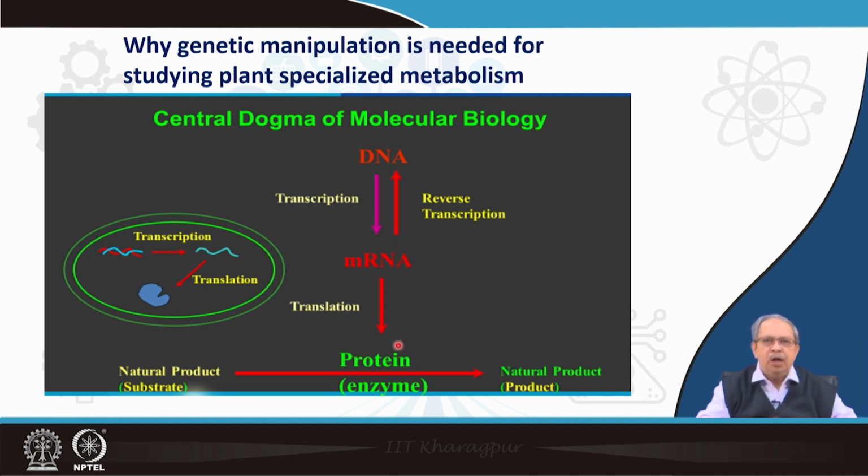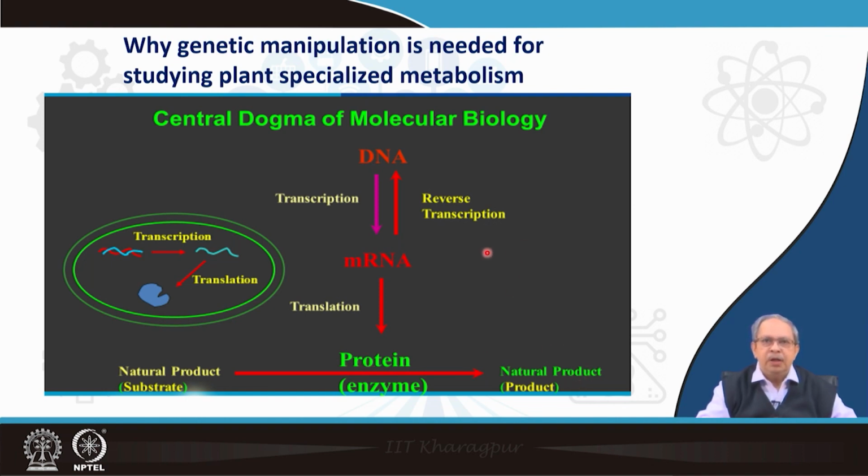That protein may undergo certain post translational changes to become active. Then that enzyme protein, if it gets the right substrate, will perform its catalytic reaction and, as a result, the product is formed.